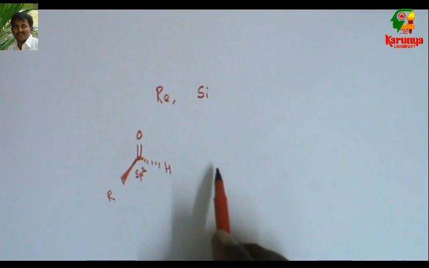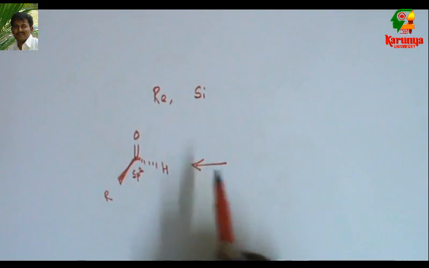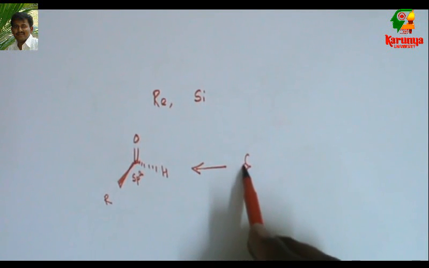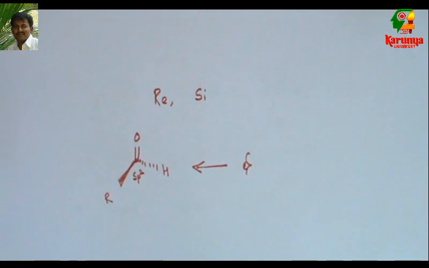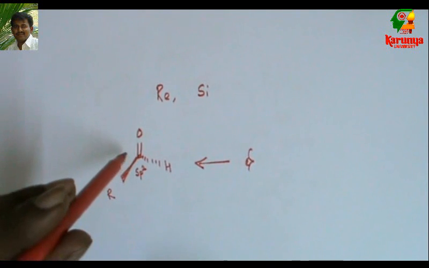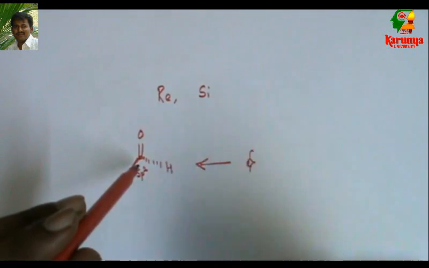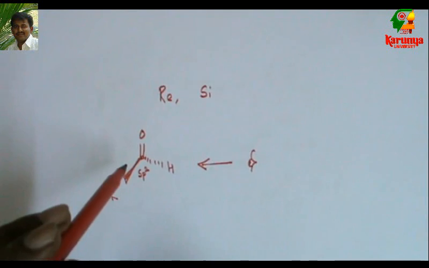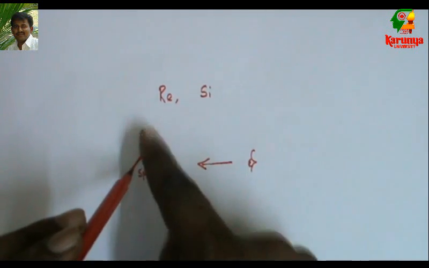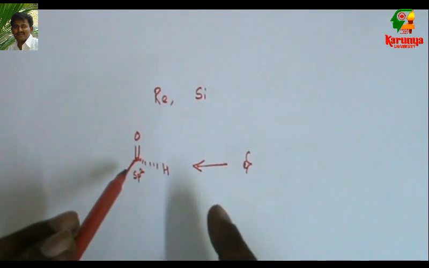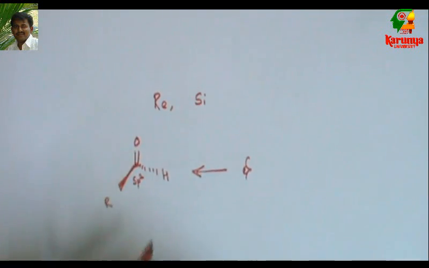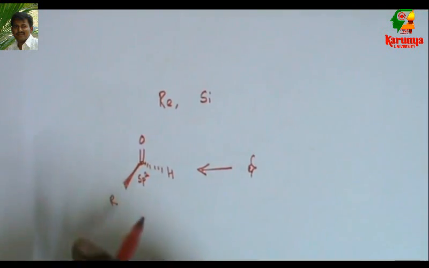R is coming this side and H is going down, and the C=O is in the plane of the paper. Now, if I view the molecule from here, R group is like this, hydrogen is going down. So what I will see is, on the top I can find oxygen, towards my left there will be R group, towards my right there will be hydrogen.